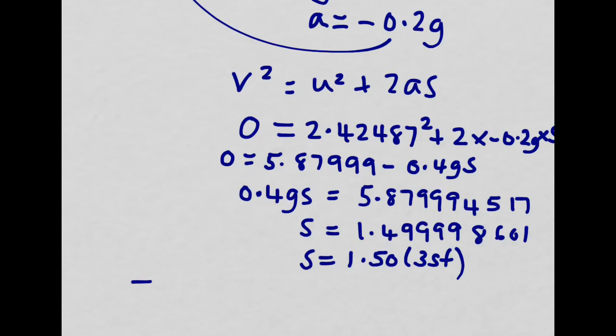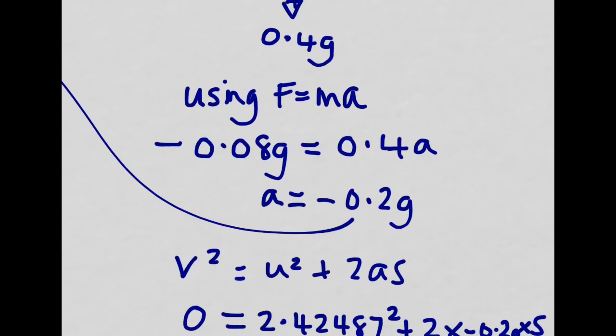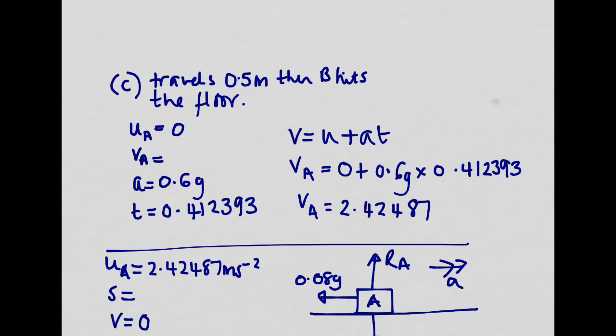So my total displacement, because remember, this has been going on a while, so you're more likely to have forgotten. What's happened here is 2 things. A has moved along. If we scroll all the way back right up here, it travelled 0.5 metres, then B hits the floor.